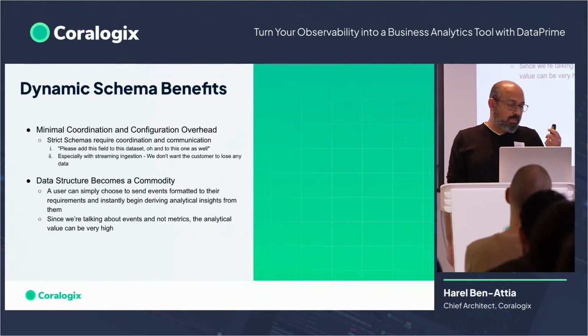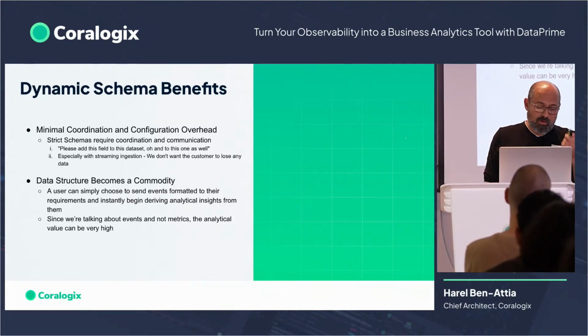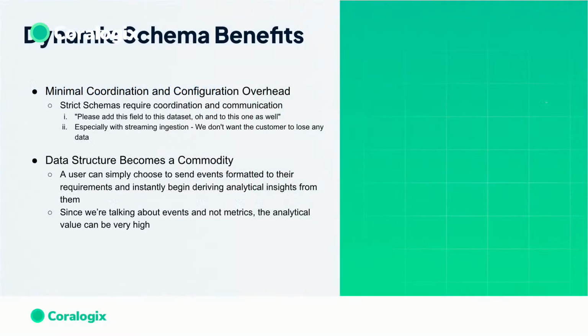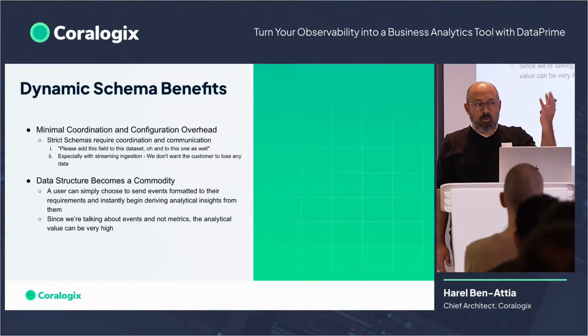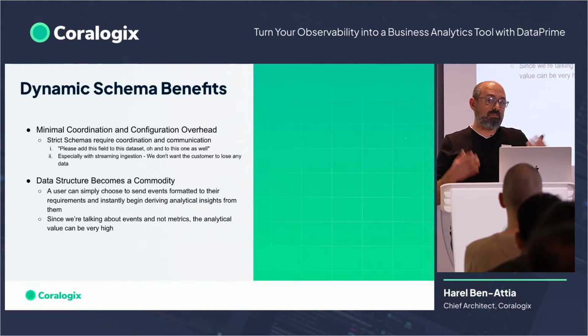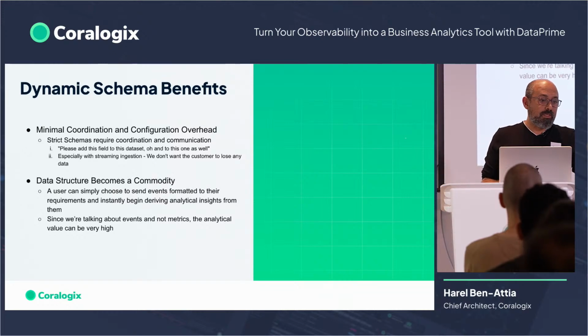And since we are talking about logs, which is a very old word for just an event, and about events and not metrics, the analytical value is extremely high. I'll give an example. One of the fields in the DataPrime analytics is not just the query text. It's a blueprint that we generate from the AST of the query, in order to do a group by on query patterns, in a way that allows us to understand the relationship between specific querying patterns and the duration they're taking.